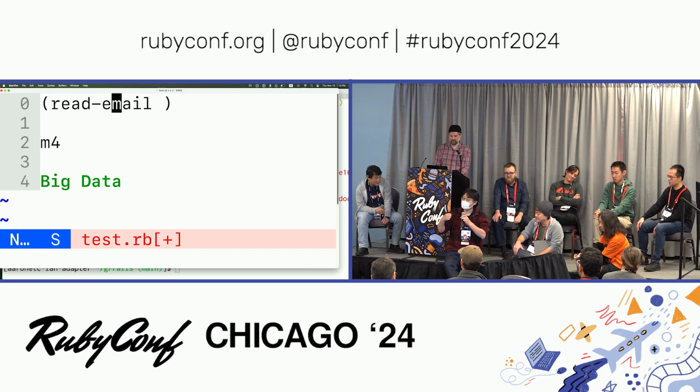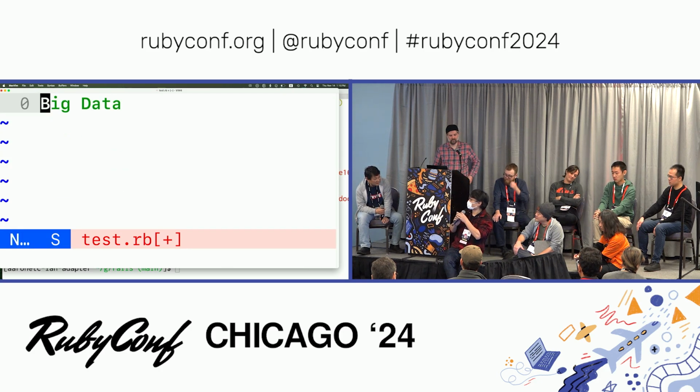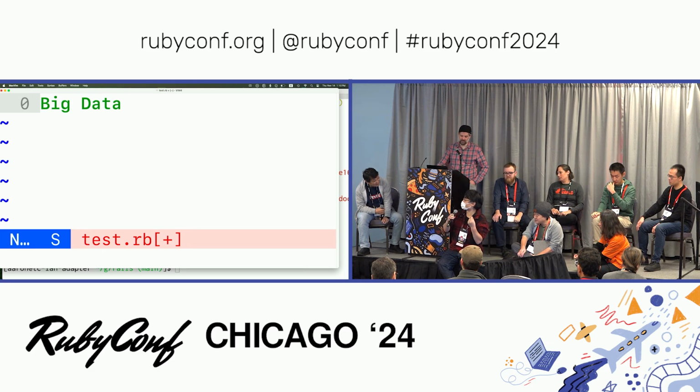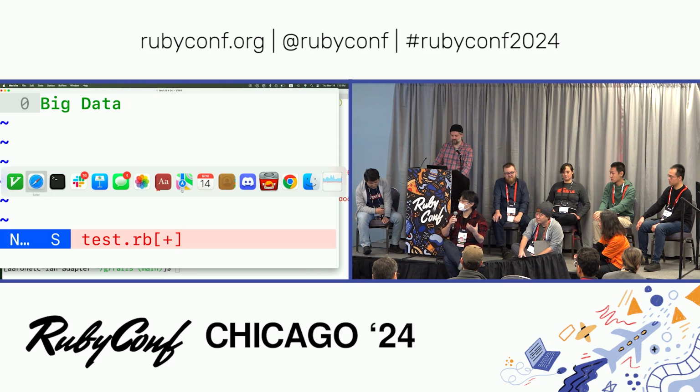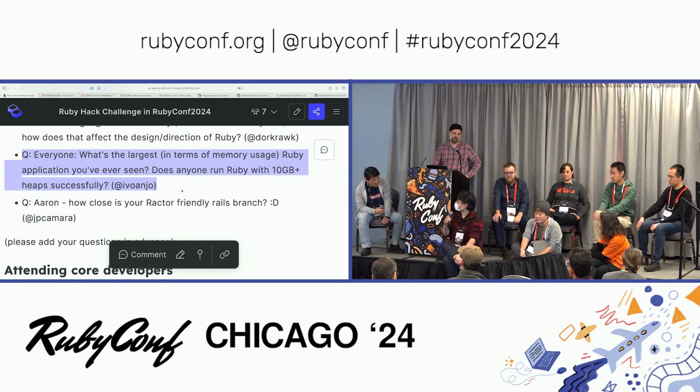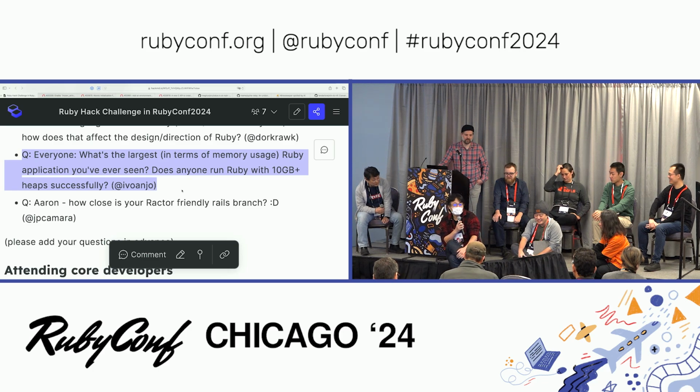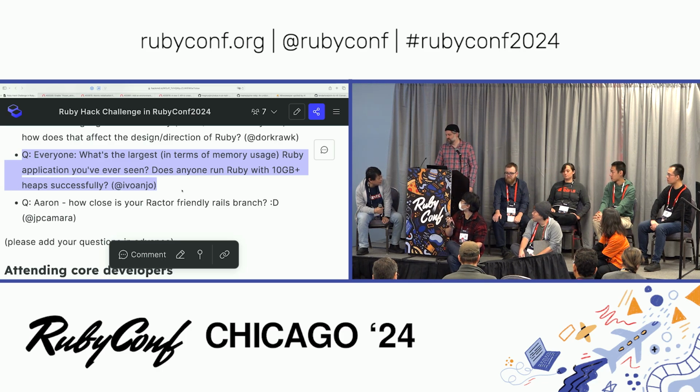I found out that the termination of the Ruby interpreter is very, very slow in such a case. So maybe there are many inefficient algorithms in the Ruby interpreter with big data. I don't have an actual application, but maybe a 100 gigabyte Ruby application has many issues.